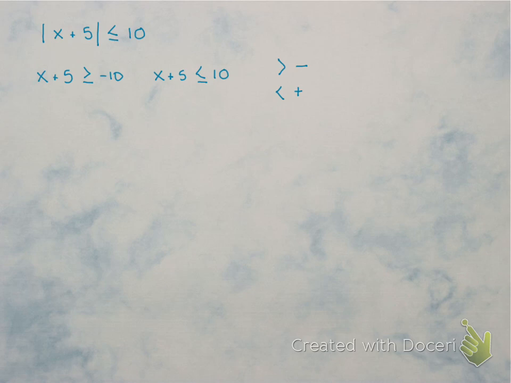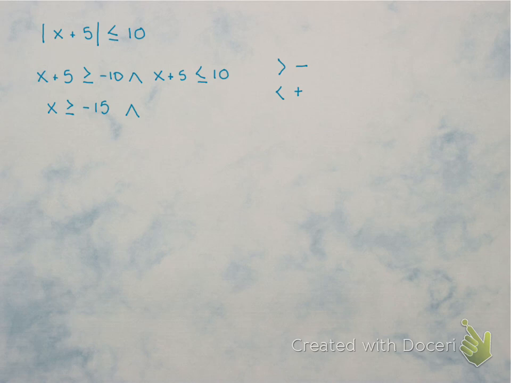And we'll solve this now as we would a regular inequality or equation. Subtract 5 from both sides, and you get that x is greater than or equal to negative 15. Okay, and the joining word, remember the joining word for a conjunction is "and," which is also this symbol right here.